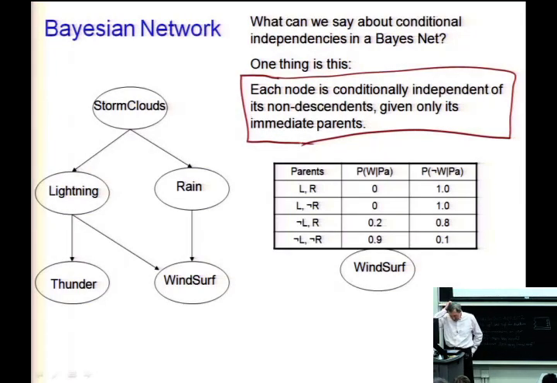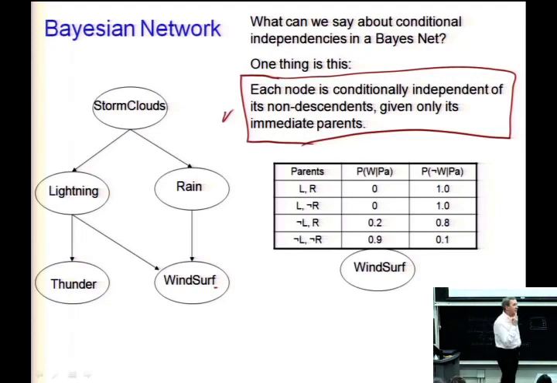Okay, so let's pick a node here, like windsurf. Windsurf is conditionally independent of its non-descendants. That'll be like thunder. That's not a descendant in this graph. Conditionally independent of thunder given its immediate parents. So given lightning and rain, windsurf is conditionally independent of thunder, according to this rule.